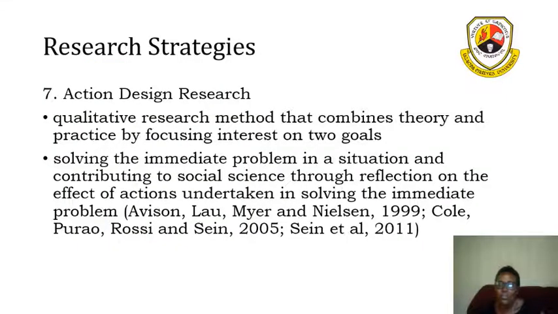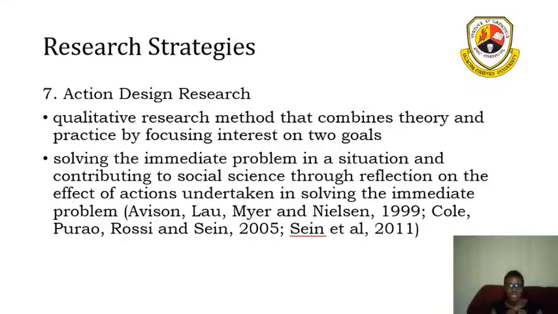We come to our seventh strategy. I hope you can all hear me. It's raining heavily outside. We come to our seventh research method, which is action design science. We've seen action research and also design science. Some researchers say design science doesn't really involve the context, so they say, let us combine this method with action research.